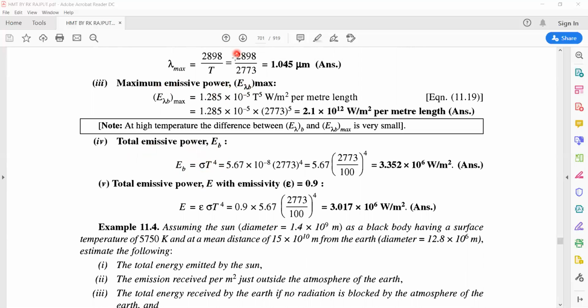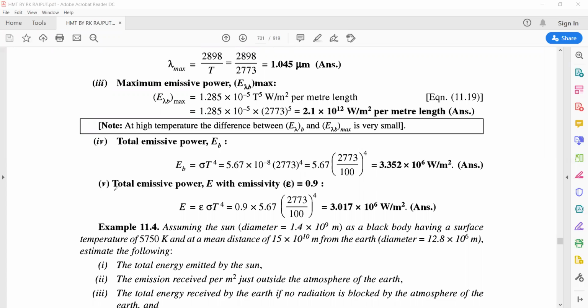So already we know the Stefan-Boltzmann law. According to that, the emissive power of the black body is equal to sigma times T to the power 4. Sigma is the Stefan-Boltzmann constant, which is already known, and T is the temperature, that is 2773 kelvins. Substitute and get the value of total emissive power as 3.352 into 10 power 6 watt per meter square.